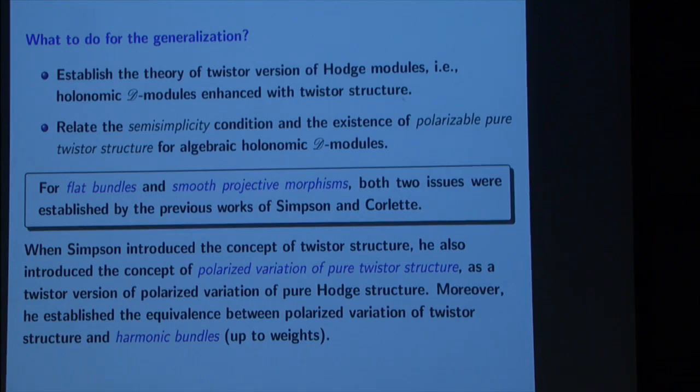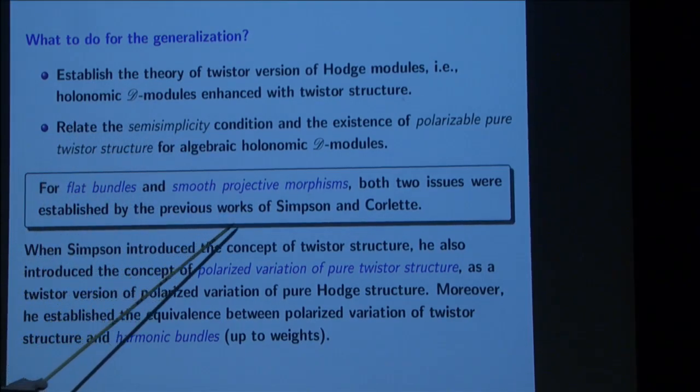Maybe it's instructive to explain these two issues. If everything is smooth, I mean for flat bundles and for smooth projective morphisms, these two issues were established by the previous work of Simpson and Corlette.